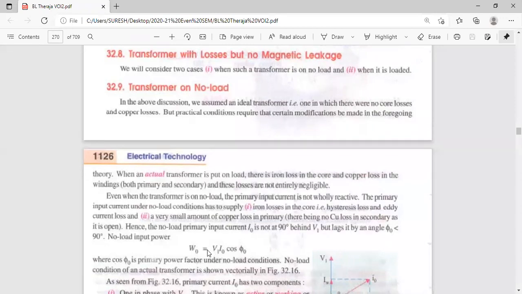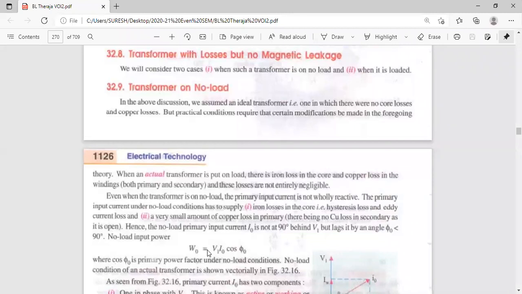Where will copper loss occur? In the winding, primary winding and secondary winding. Winding means coil. Copper loss will occur in the coil. Coil means primary winding and secondary winding. There are two windings. In the windings, copper loss will occur.